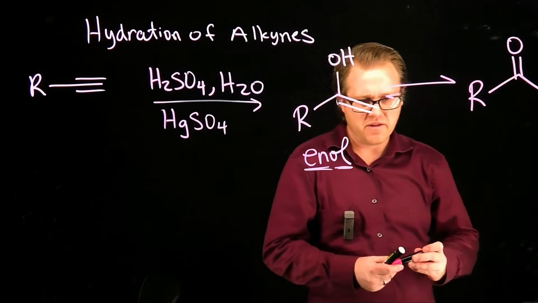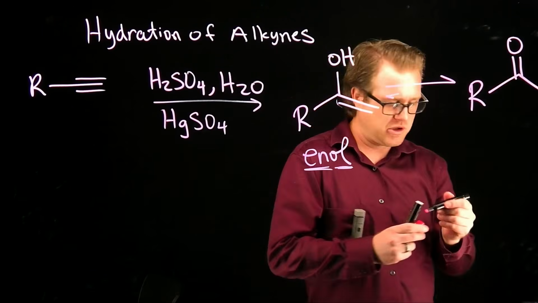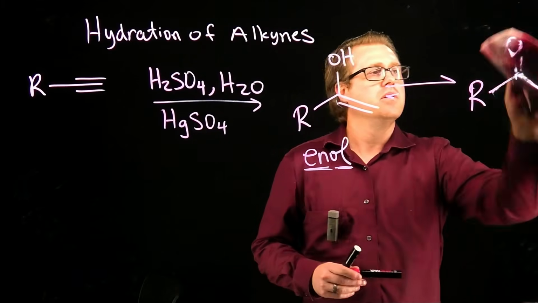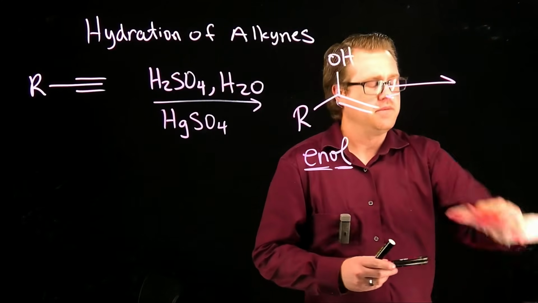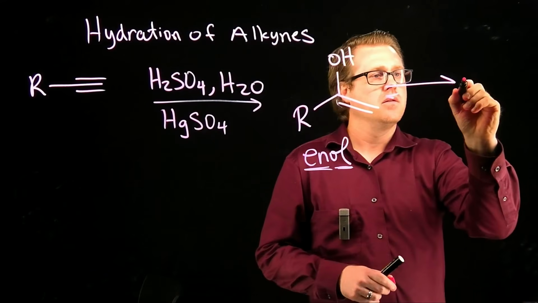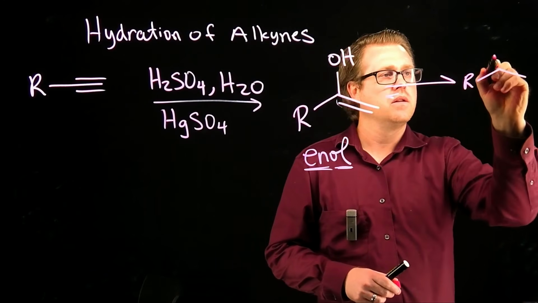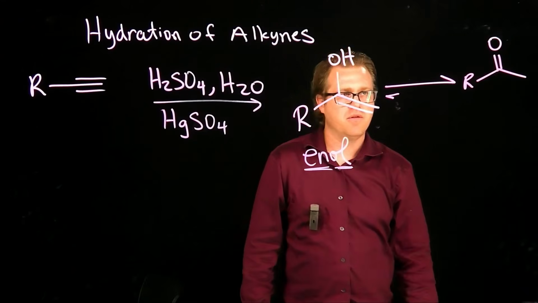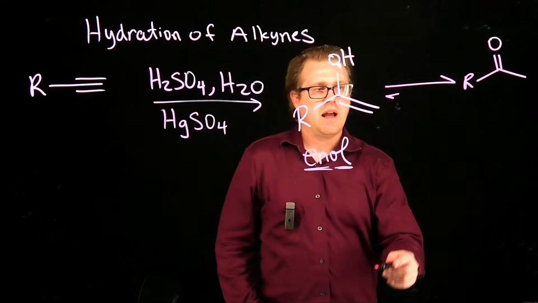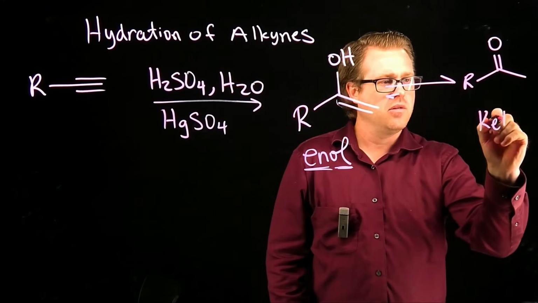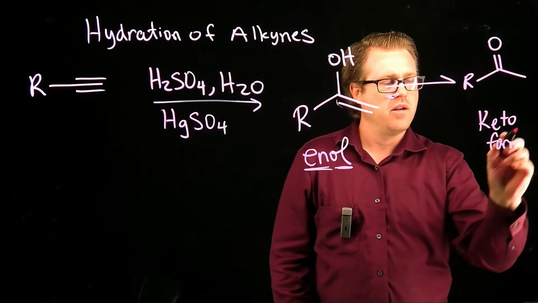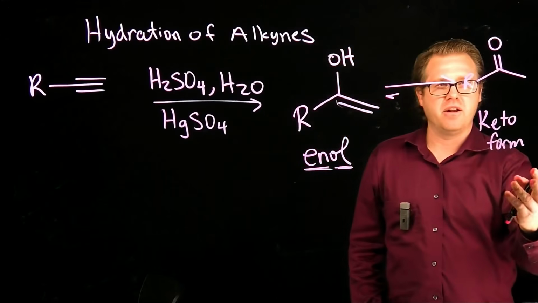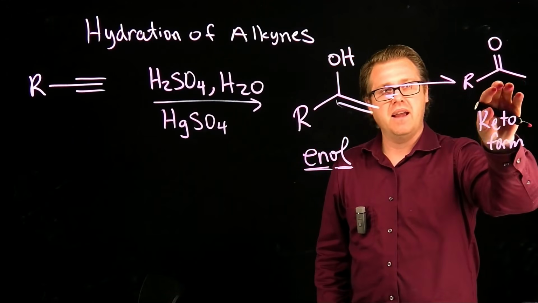And it's cutting off a little bit, so maybe let's shrink it down. To the keto form. And this is called the keto form. And we call it the keto form because what do we have? We have a ketone.